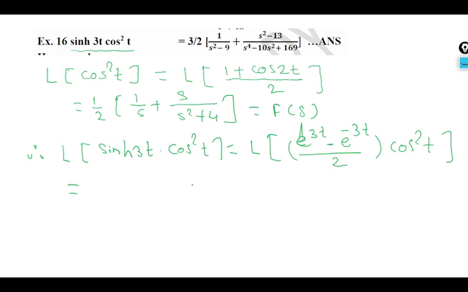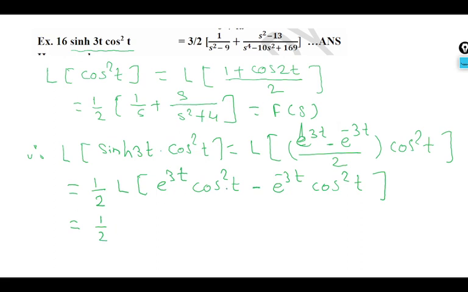And here this 1 by 2 is a constant outside. We are left with the Laplace of e raised to 3t into cos square t minus e raised to minus 3t into cos square t. But we have already taken the Laplace of cos square t, which is F of s. So if this is F of s, this should be F of s minus 3, and the second term should be F of s plus 3, by the first shifting property.